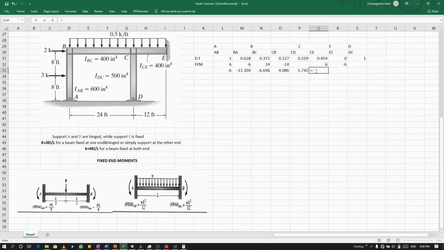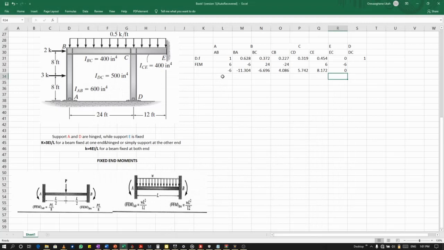This minus this plus this. Okay, so that's what we have for joint C, and for joint E. I think this will also be easy because we have just one member under E. So that's minus what we have here times what we have here, which will give us 0.